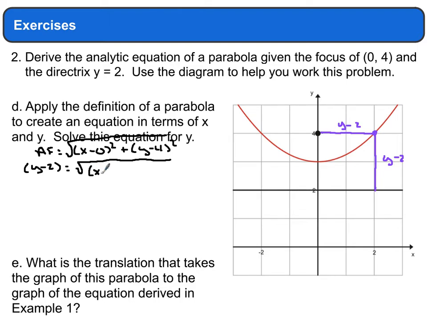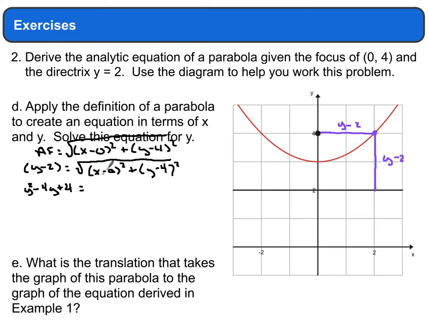And so we have the square root of x minus 0 squared plus y minus 4 squared. And we're going to do the same process. To get rid of the square root, you square both sides. So when we square both sides, this side is going to yield y squared minus 4y plus 4. The radical goes away.